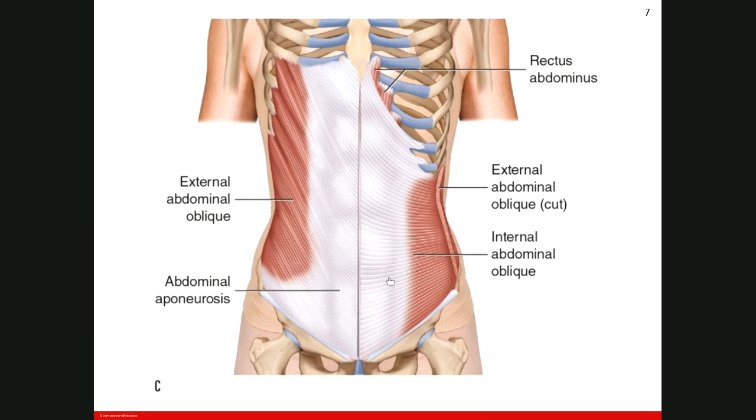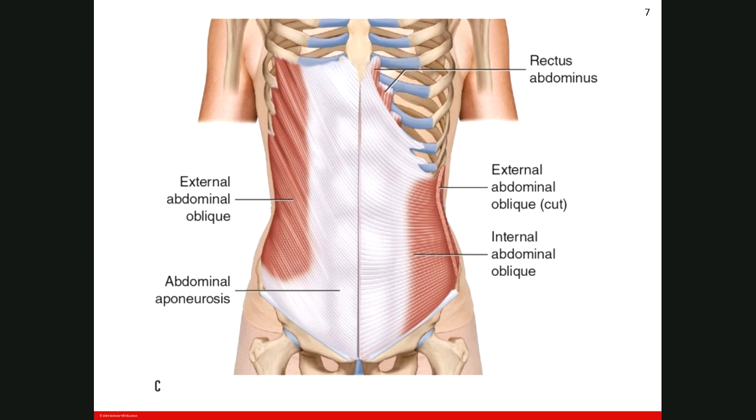And here you can see the other aponeurosis, which attaches the internal abdominal oblique muscle to this central line, which we call linea alba. So they are sheeted tendons, and they can connect muscle to muscle or muscle to the border of each part of our body. So this is the other connective tissue which works with our muscle.